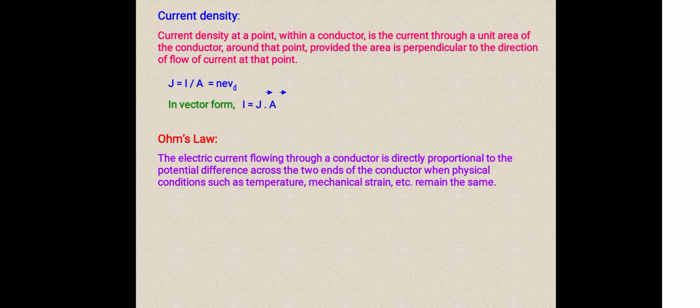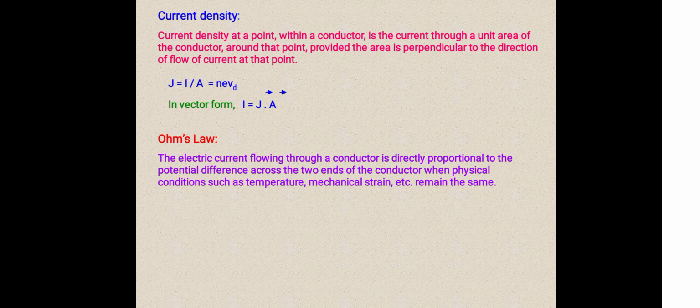Okay, now we discuss Ohm's law. So what is Ohm's law? Anyone? Look, Ohm's law we already did in class 10 also. On the basis of observations, the German physicist George Simon Ohm derived a relationship between electric current and potential difference.